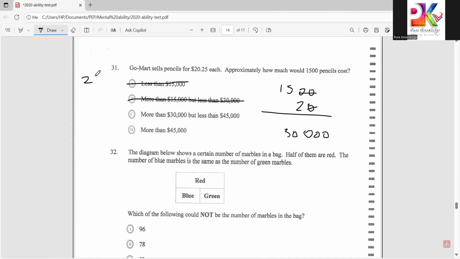So let's look at it. 25 and 25 give you 50, right? And then add 25 give you 75, and then add 25 give you 100. So 25 would be a quarter.